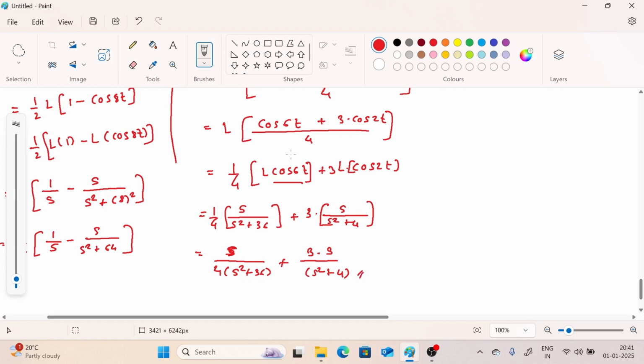You can keep this as it is. If you want, you can simplify it further, but I don't think it needs to be simplified. You can keep it as it is, no issue.